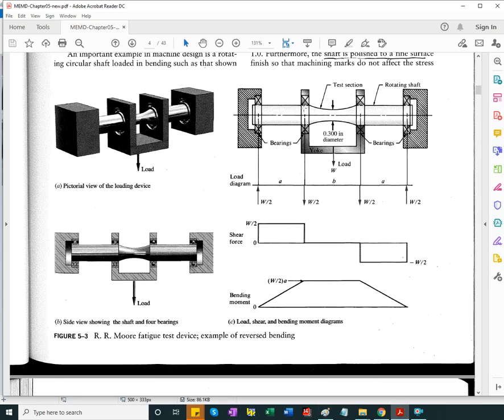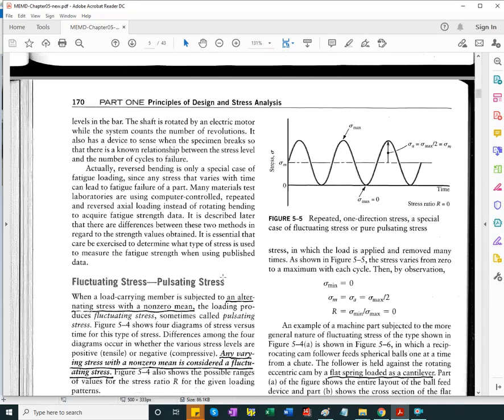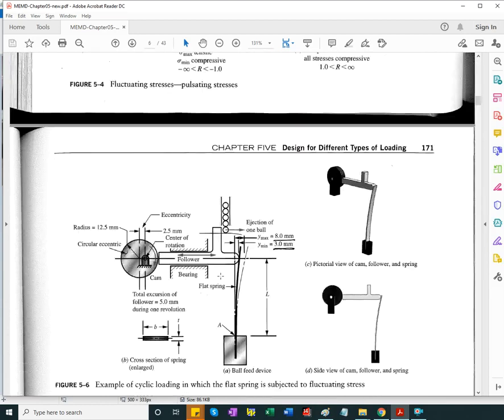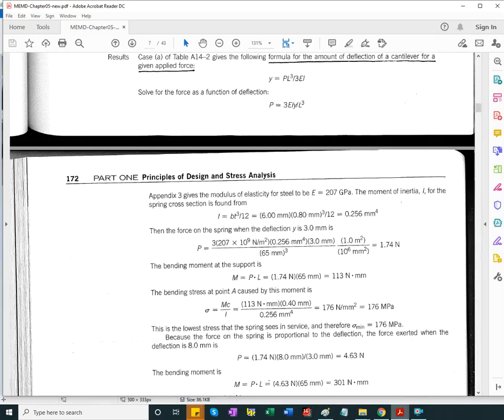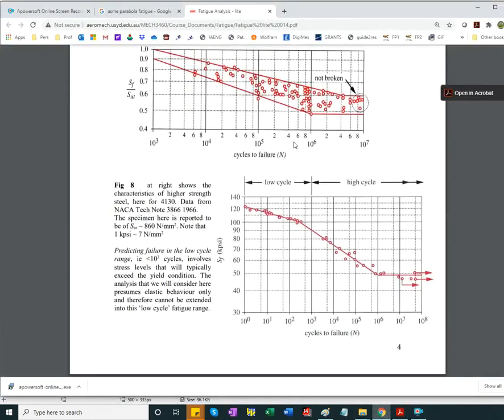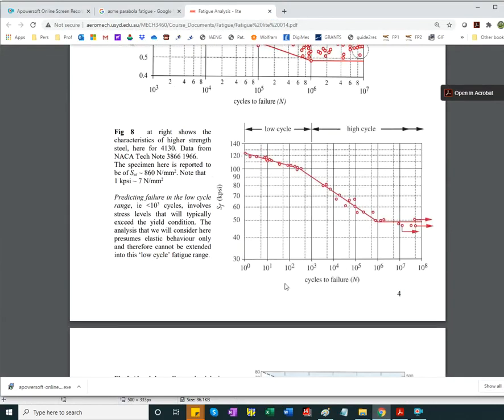So with many specimens, you load them at a certain load level, run until a fracture occurs, and count how many rotations, how many cycles. These points are placed on a graph, which I have here from another source, where the horizontal axis is the number of cycles to failure, and the vertical axis is the calculated nominal stress in the test area.